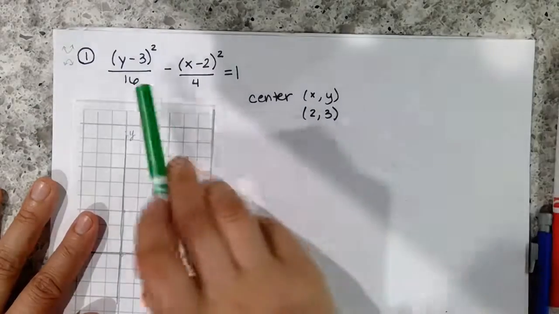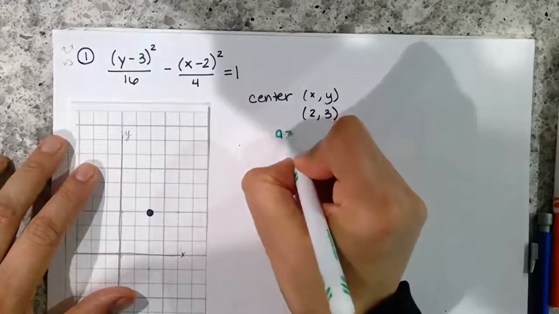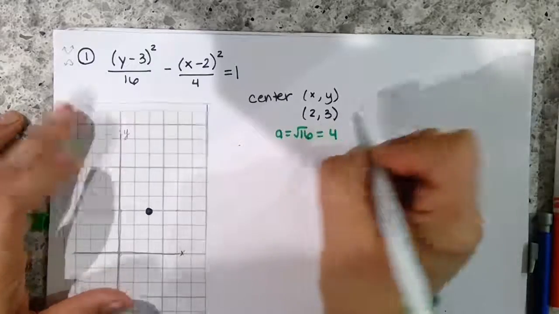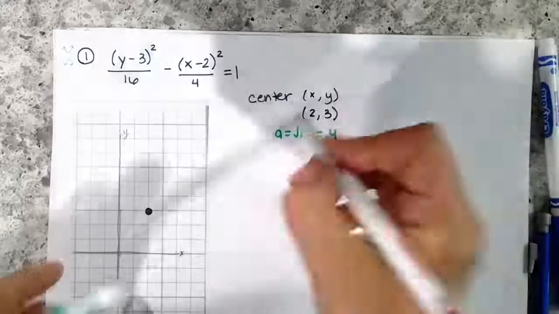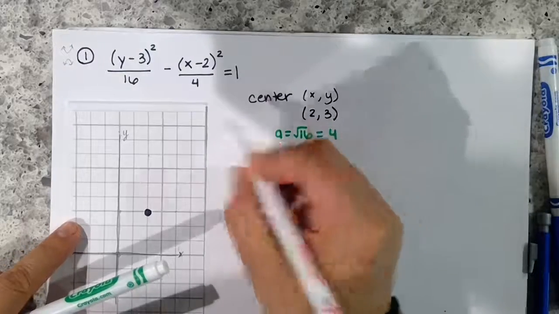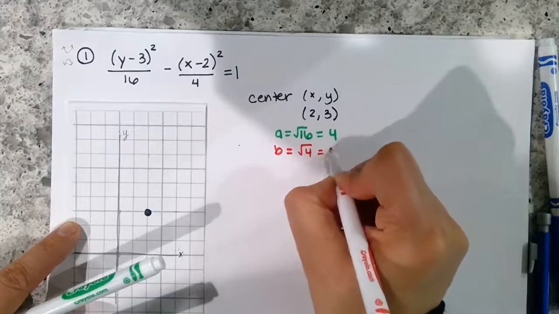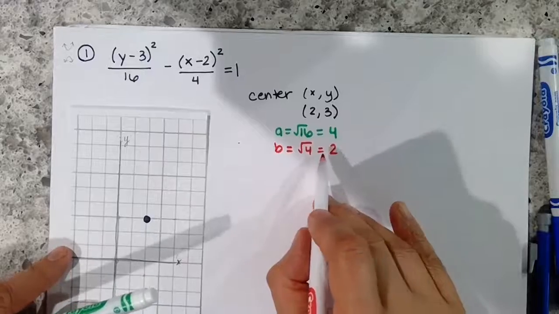Okay, so we have to find our a value. Our a value is going to be the square root of 16, so our a value is 4. Our b value is going to be the square root of 4, which is 2. And again, you just do that straight in your head. So this is actually going to help guide you.